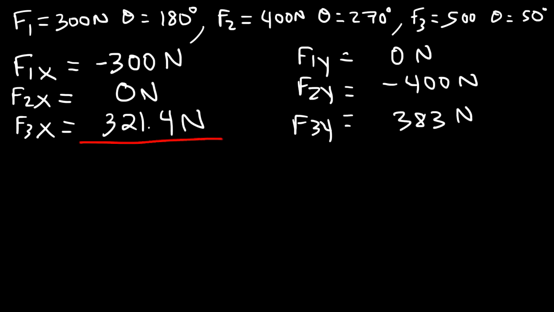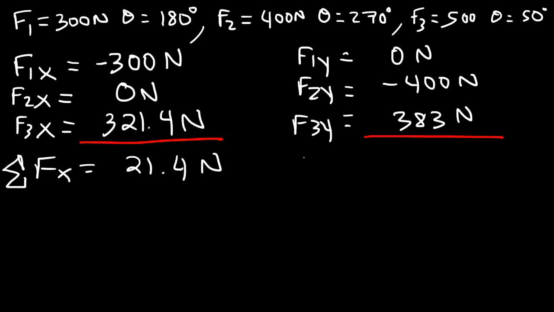So now let's add the x and the y components. The sum of all forces in the x direction is going to be negative 300 plus 321.4, which is simply 21.4 newtons. And the sum of all forces in the y direction is negative 400 plus 383, which is negative 17 newtons.